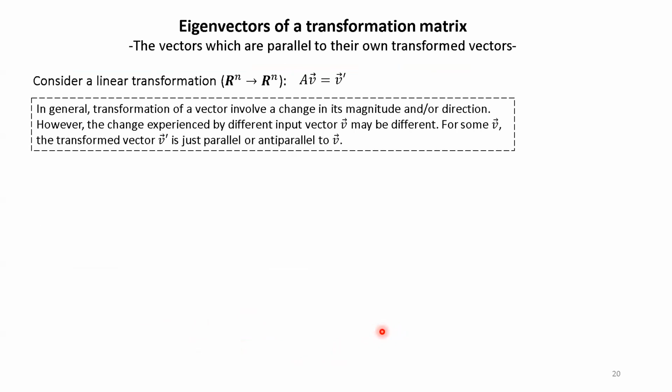So now I want to talk about the eigenvectors and also eigenvalues of a transformation matrix. You may still remember the example I talked about before the break.